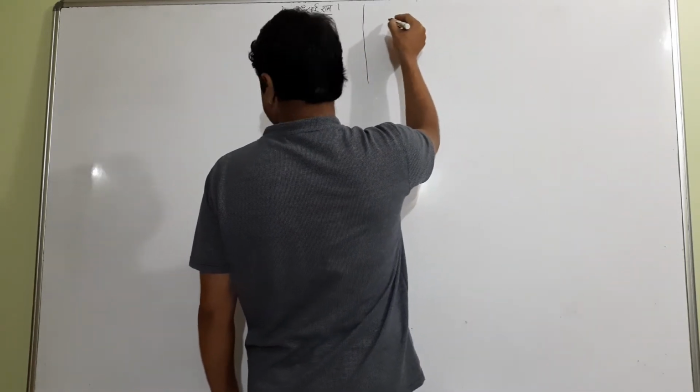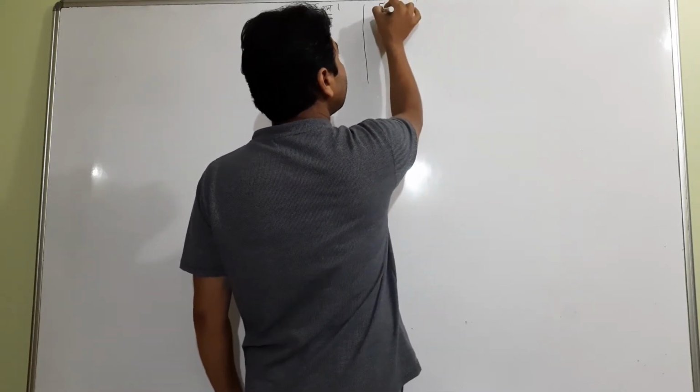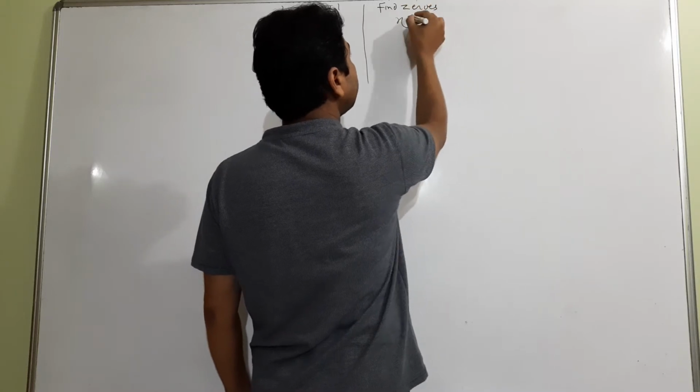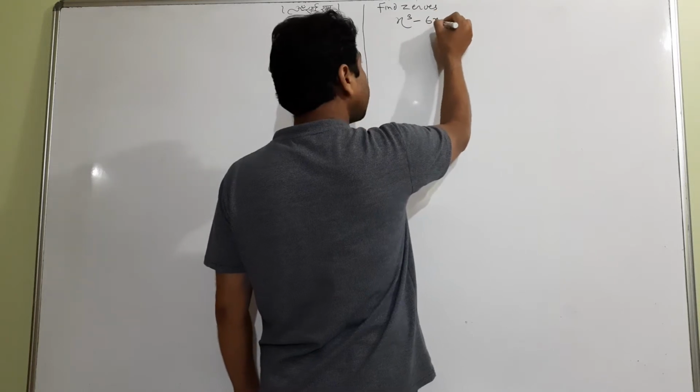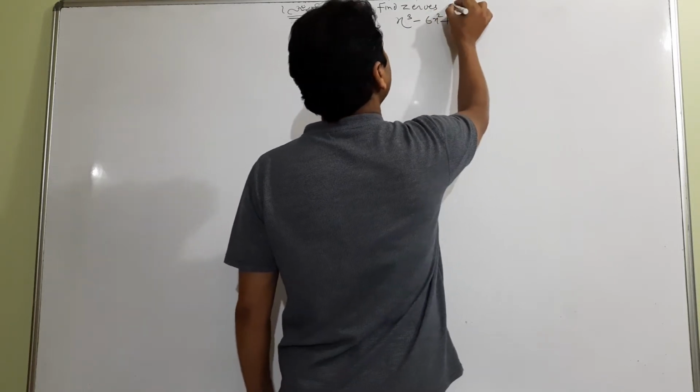I'm taking one example from my side: find the zeros of the polynomial x cube minus 6x square plus 11x minus 6.